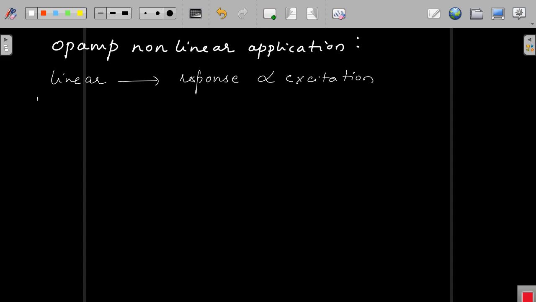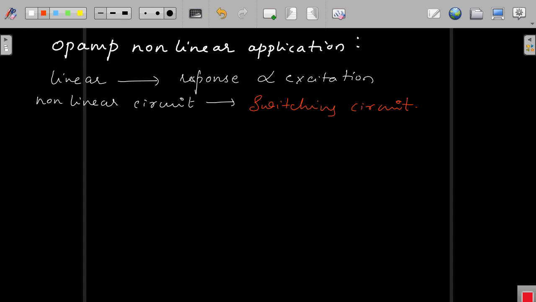Whereas when I talk about non-linear circuits, your response need not necessarily be proportional to the excitation, and here basically we call these switching circuits. Suddenly something gets switched to some value, which is definitely not linear.